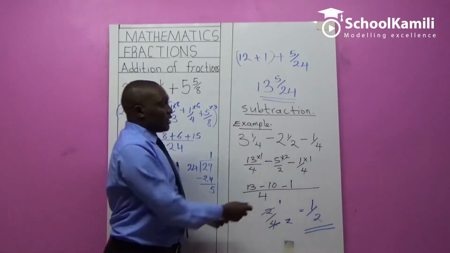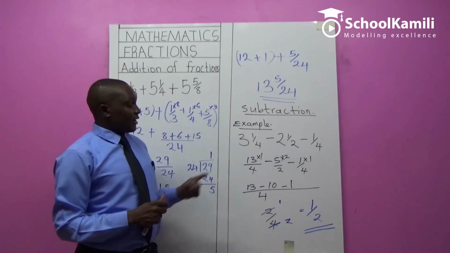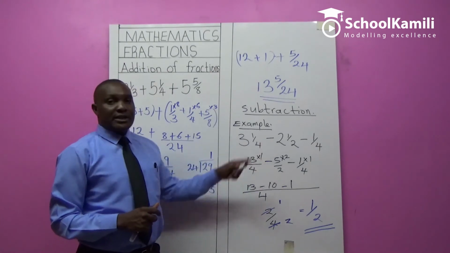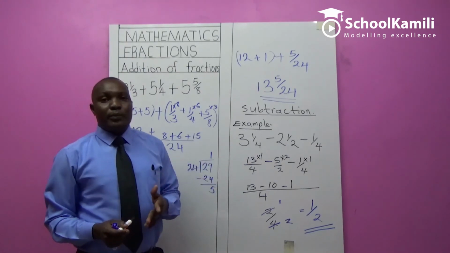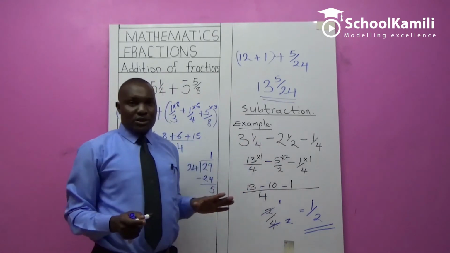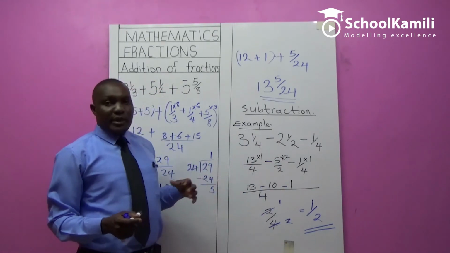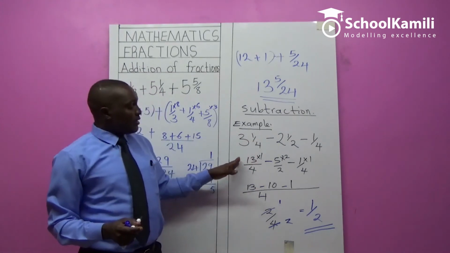Let me just go through the steps, then you'll be able to do more examples on subtraction of fractions, especially the ones that involve mixed fractions. Step number 1, I have said that you as a pupil should avoid subtracting whole numbers first during subtraction. Avoid subtracting, which means change the mixed fractions into improper fractions.